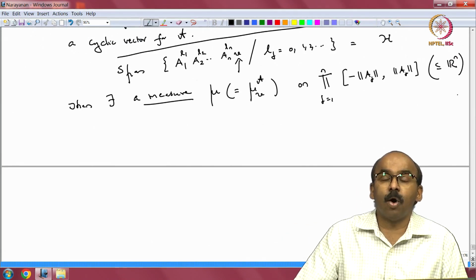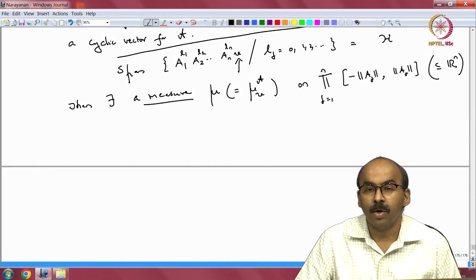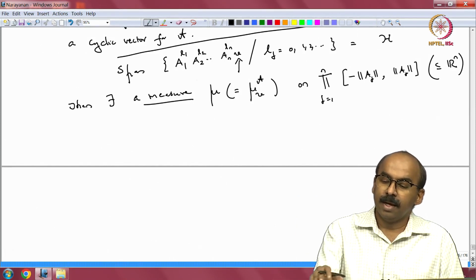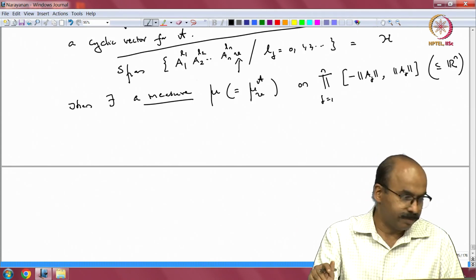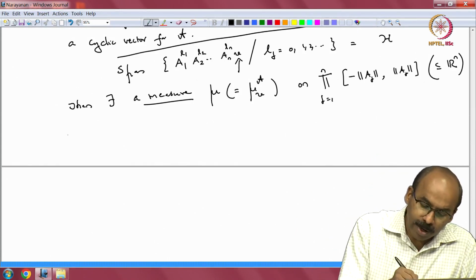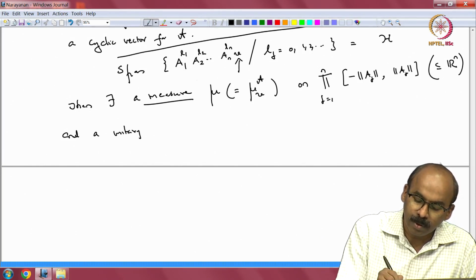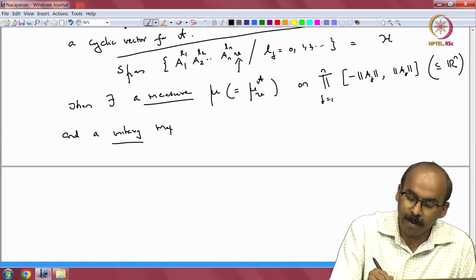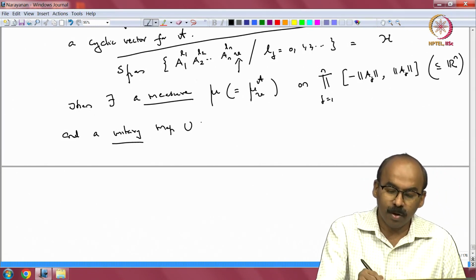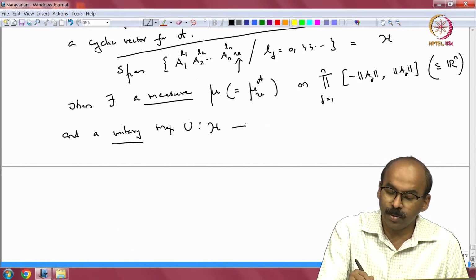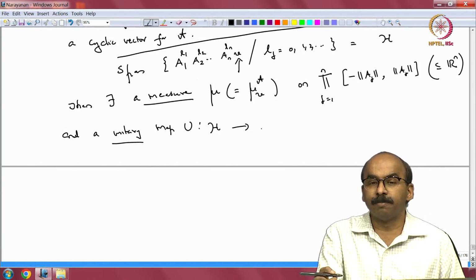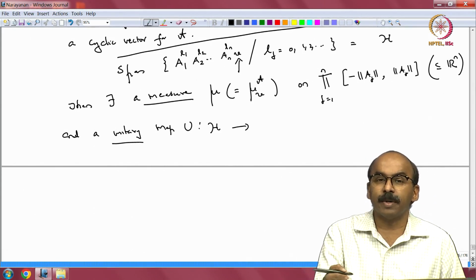So, I have a measure on Rn whose support is in the product of these intervals, and a unitary map U. The U will go from the Hilbert space H to L2 on the product of these intervals, with respect to the measure mu.